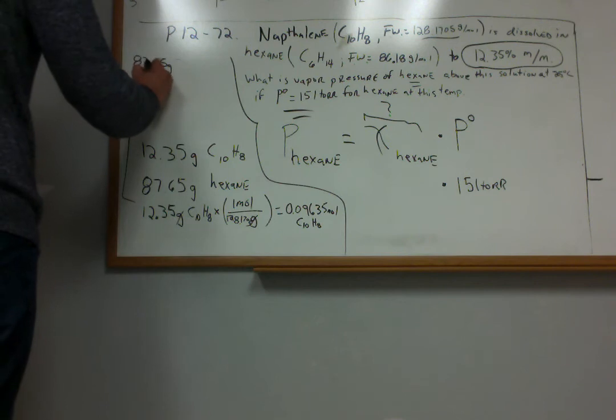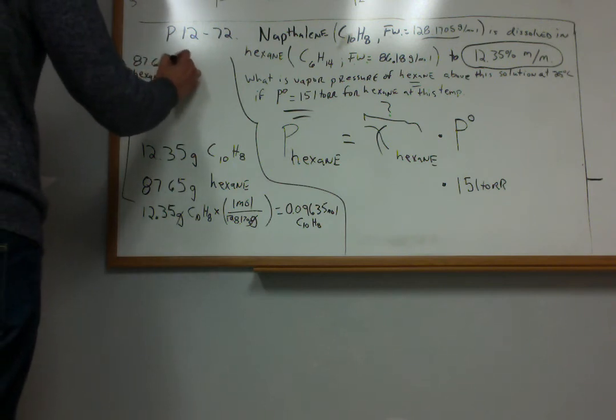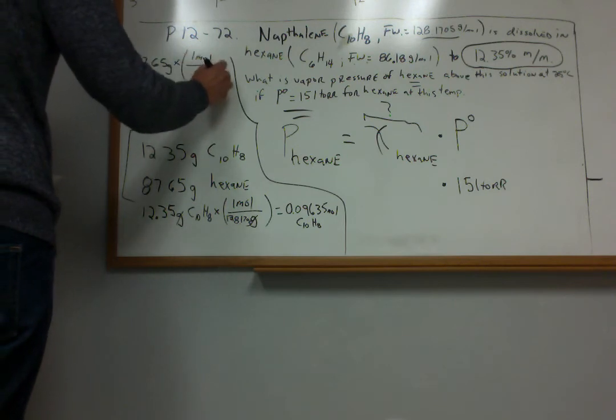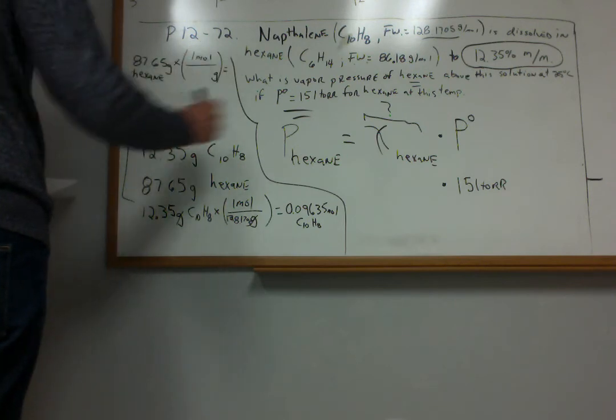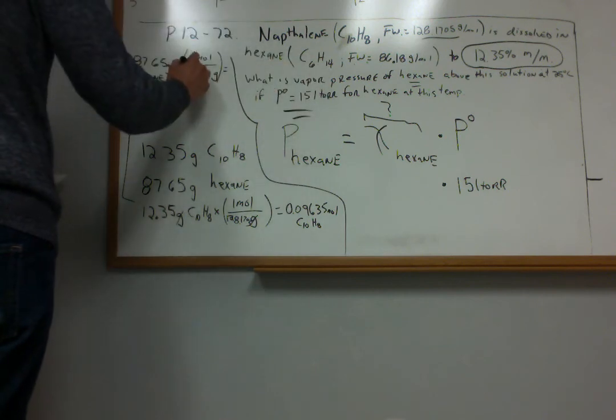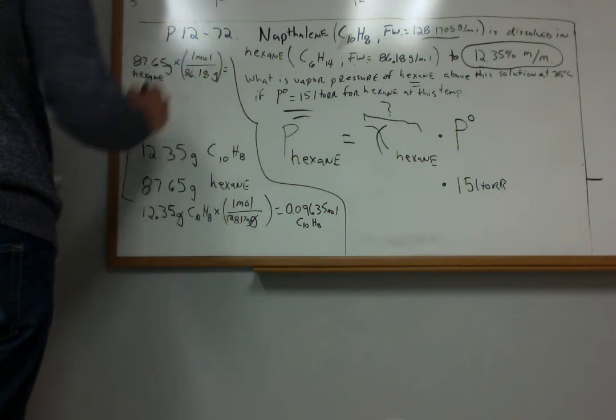Do the same kind of calculation. I divide by the molar mass, or multiply by the conversion factor, which would be 1 mole over the molar mass in gram units. For my hexane, C6H14, my formula weight is 86.18 grams per mole.